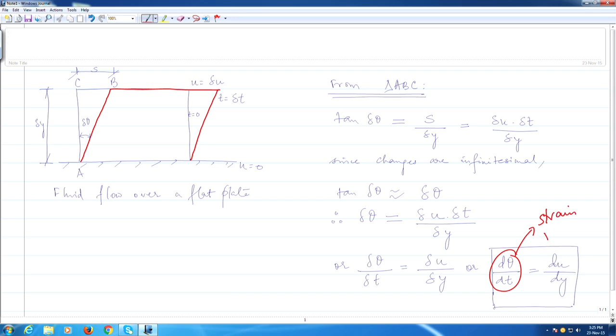Now the next question is what exactly decides the strain rate? What does the strain rate depend on? In the sense that I do have a fluid element, so what tells me how much the deformation will be, or what exactly does that depend on? So let's go to the next page.